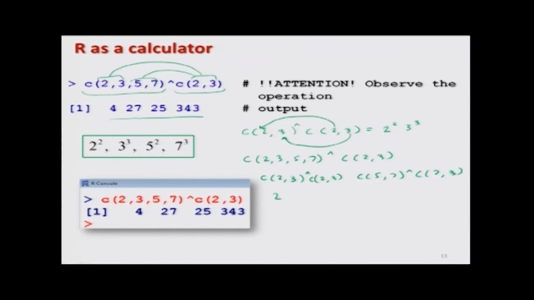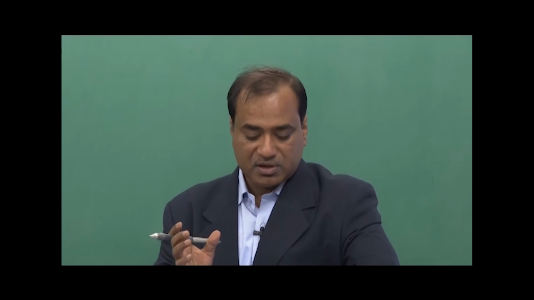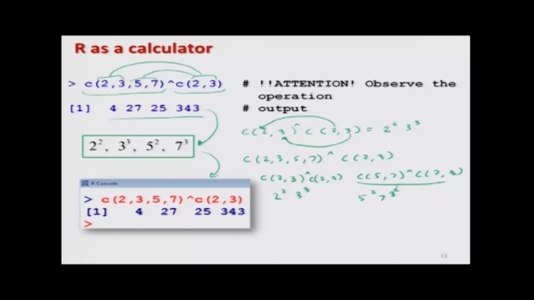So this is actually 2 square, 3 cube, and then again from here this gives me 5 square and 7 cube, and these are the values which have been obtained here, and this is a screenshot of this. So you can see how the operations are carried out whenever we multiply a vector by a vector. But please note one thing here: the number of multiples is the same. That means everything is being multiplied in a factor of 2 values.